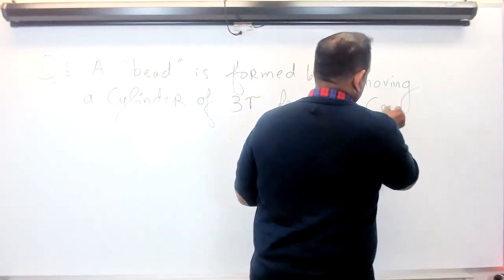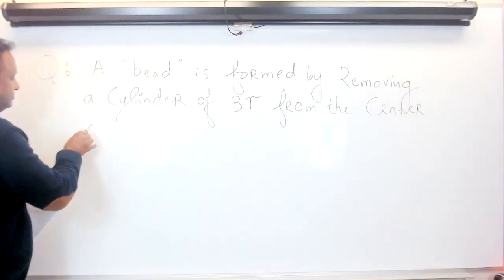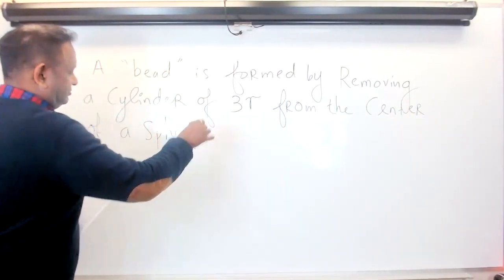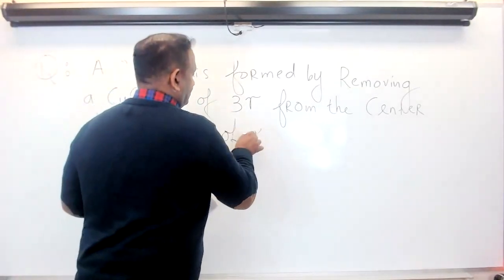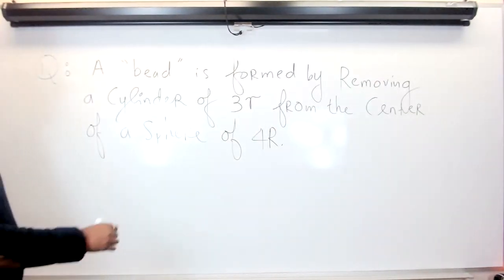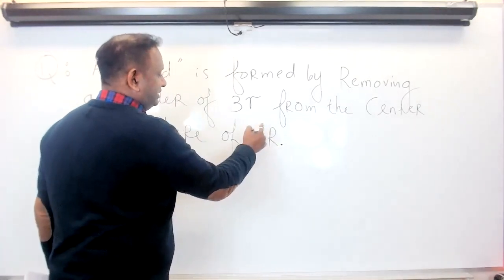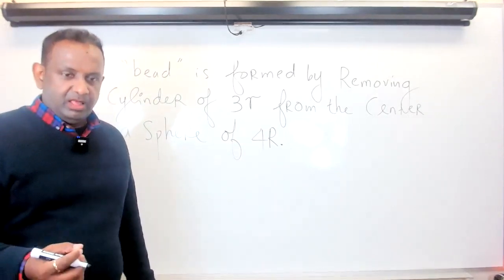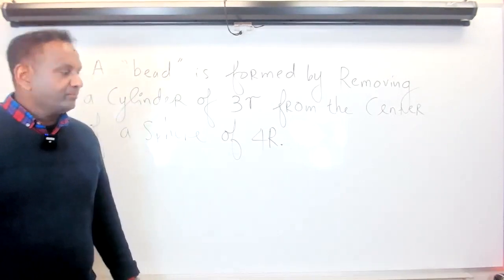The sphere has radius 4R, four times capital R. That means this whole thing is the radius of the sphere, because the sphere is characterized by its radius.